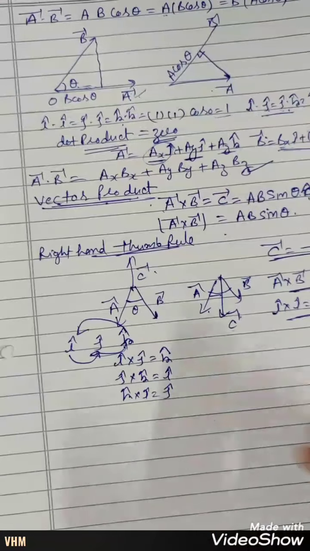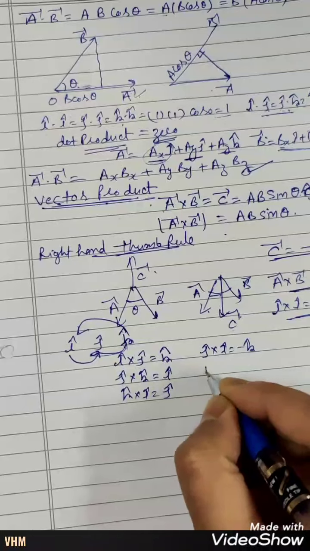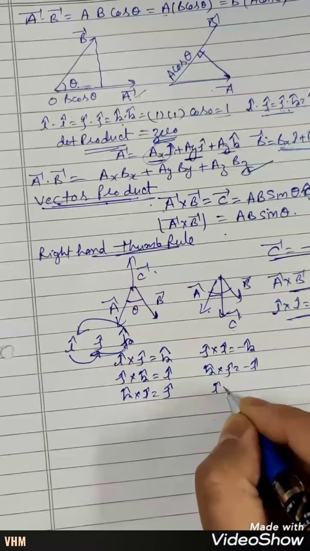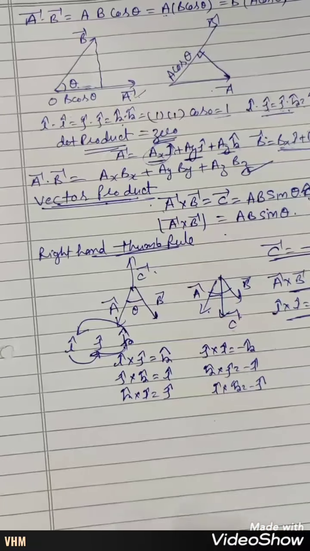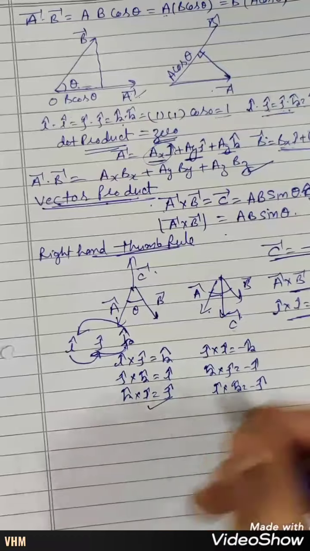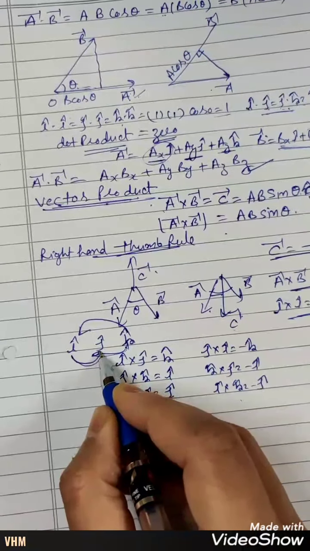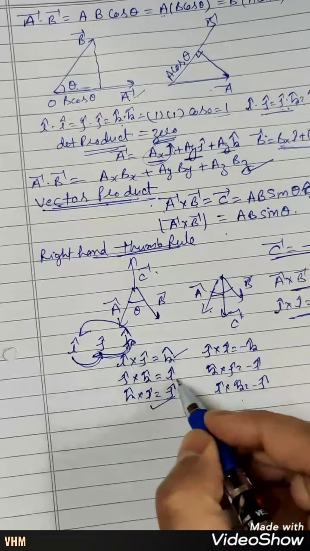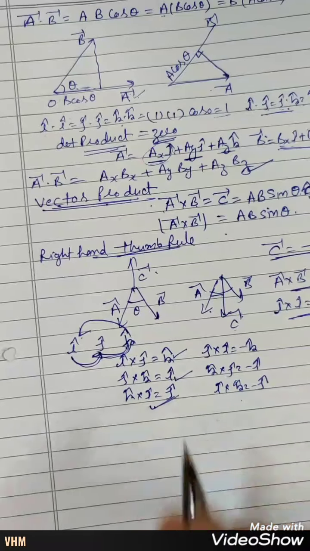And if we write it opposite, j cross i is minus k, k cross j is minus i, and i cross k is minus j. So you just remember this. And opposite gives the negative of this: i cross j gives k, j cross k gives i, and k cross i gives j.